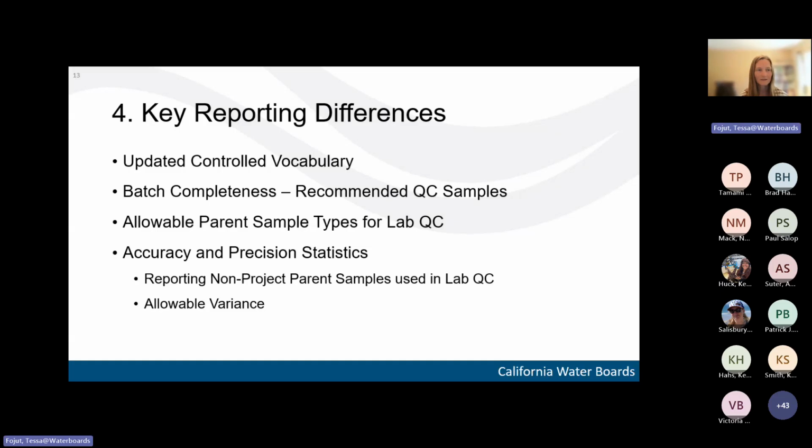We do expect labs to have some sample control process that differentiates known blanks. It's a little different when you have a blind blank or a blind field duplicate, but they're not always blinded. So we do expect labs to differentiate if there's a field blank and exclude those from the pool of samples that can be randomly selected.